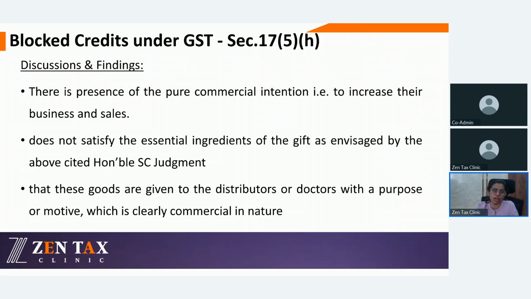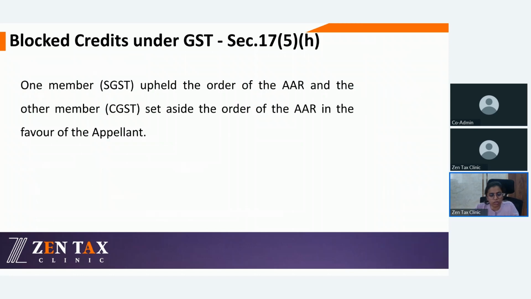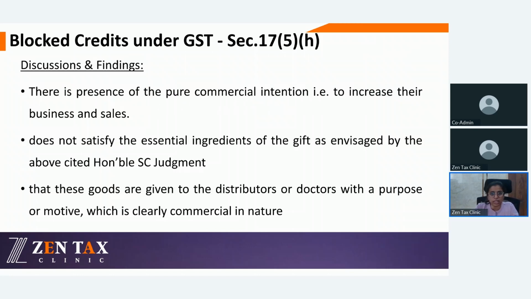And there is a Supreme Court judgment where the definition of a gift is given, and that definition of gift is also not satisfied here. Even if these embossed keychains and all are given to doctors or distributors, it is given only with a motive to increase their businesses, which is purely commercial in nature. So they would have come to a conclusion generally that it is purely a commercial transaction and there is a commercial intention.